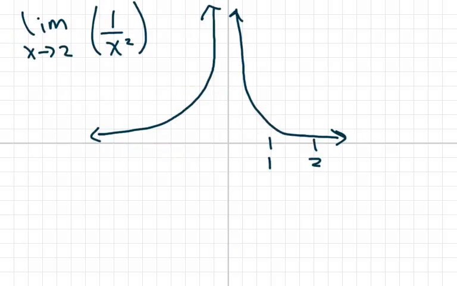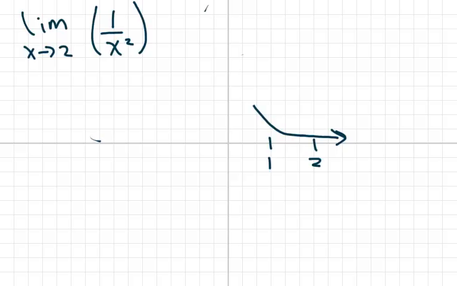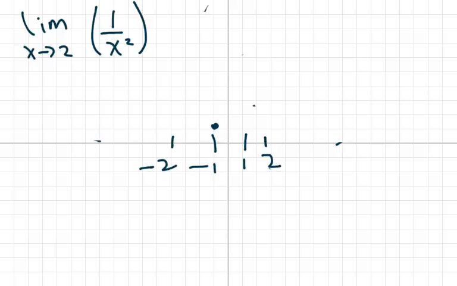And this last one, I didn't graph this well at all, so I'm just going to erase all this. It's 1 over x squared, so I'm going to put my -1 here, and 1 here. So this would be 2. These are just sketches. So it looks like this.